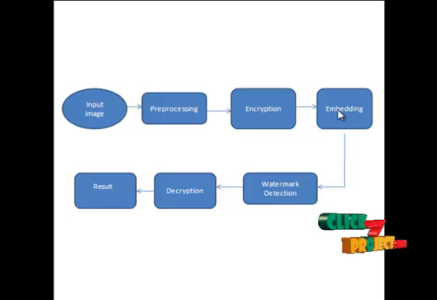After embedding, it will go to the watermark detection. Here we are eliminating the embedded pixels from the coefficients. After eliminating the information, we get the encrypted information. The encrypted information will pass to the decryption technique.